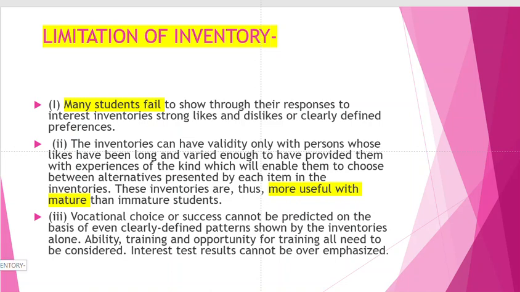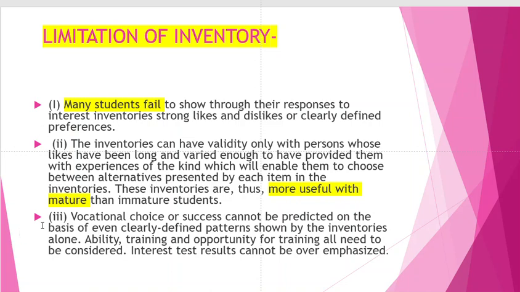Now we come to the limitations of the inventory. Many students fail to show, through their responses to interest inventories, strong likes and dislikes, or clearly defined preferences. Sometimes the student doesn't know, or doesn't have a clear demarcation between likes and dislikes. So this is one of the most serious disadvantages of this inventory.